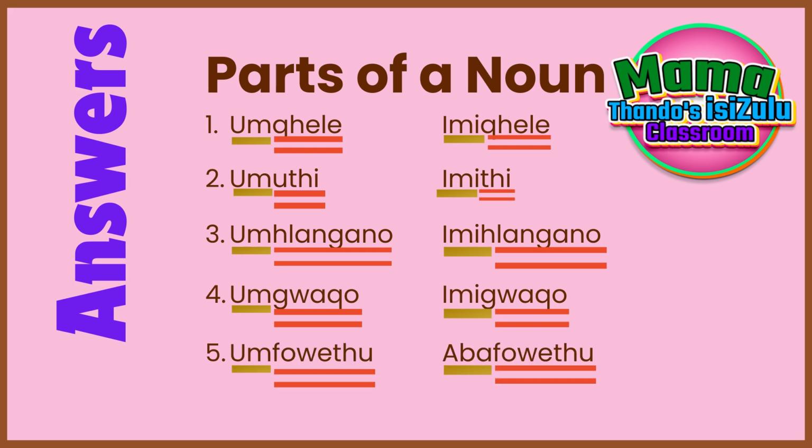Number 5, umfowethu. It is a brother. That is a person. The plural of it is abafowethu. Isiqu is fowethu. The singular isiqalo is umu, and the plural isiqalo is aba.